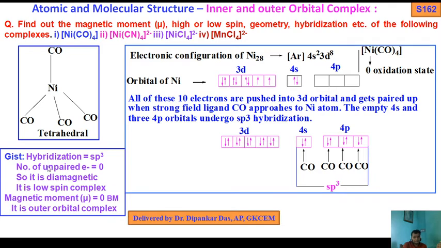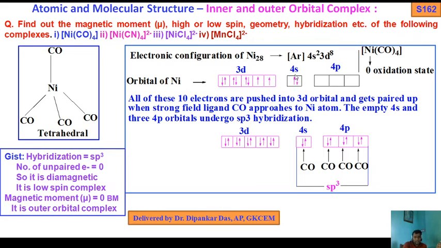Now take a look. Here the hybridization is sp3, we get this. The geometry is tetrahedral. Here it is diamagnetic, no unpaired electron, all electrons are paired. Here, before pushing the electrons, if you check, there are two unpaired electrons.